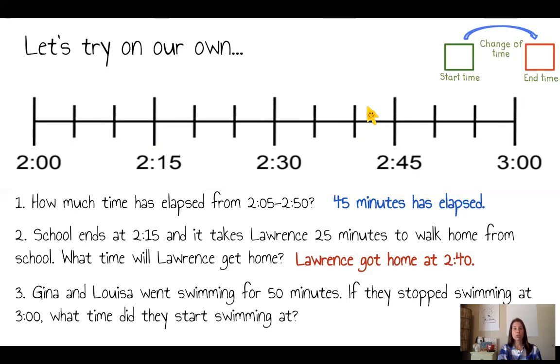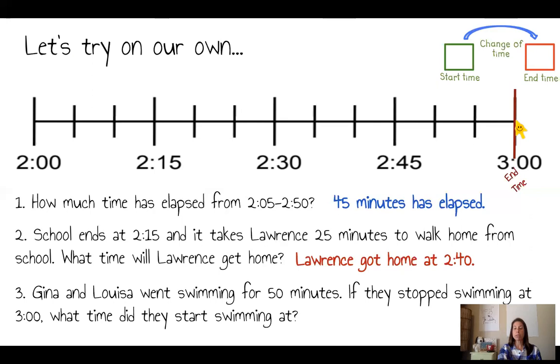Here we go. Let's try this together. Mark on the number line, probably the easiest thing to do would be to mark the end time on our number line first. There we go. There's our end time. Now, Gina and Louisa went swimming for the change of time of 50 minutes. So I'm going to count 50 minutes backwards on the number line from 3 o'clock.